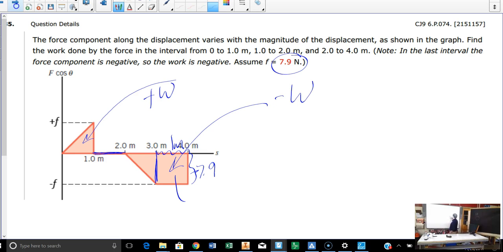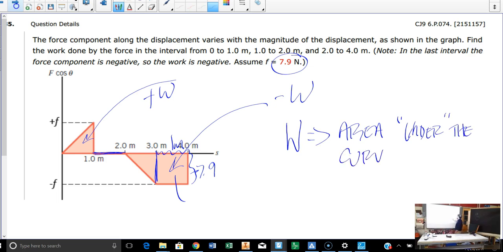So bottom line is work is the area under the curve in a force versus displacement graph.